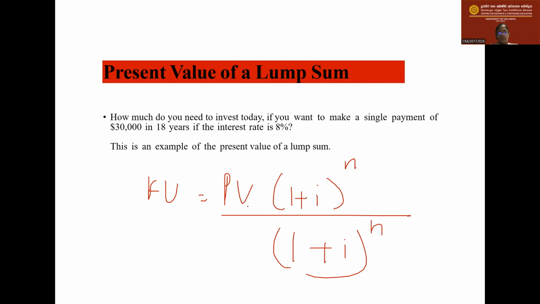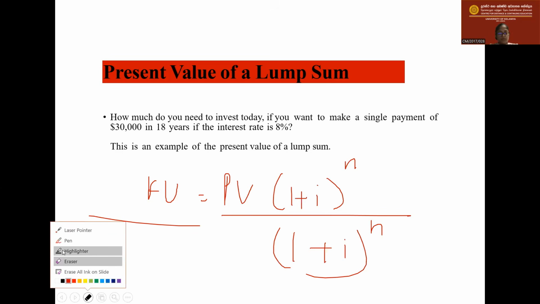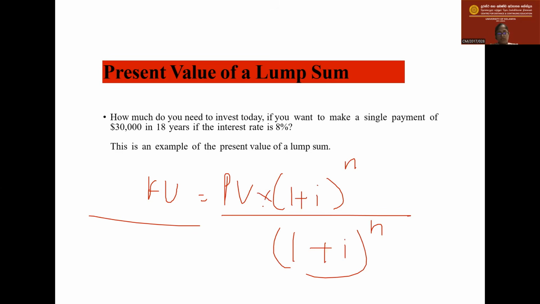We have to isolate PV, and therefore we have to divide, the opposite of the multiplication. Even though the multiplication sign is not there, you have to have the awareness. Here the opposite of multiplication is the division. We have to use the opposite mathematical operation, cut it off, the remaining is PV.